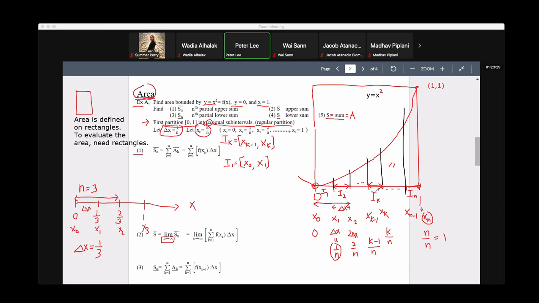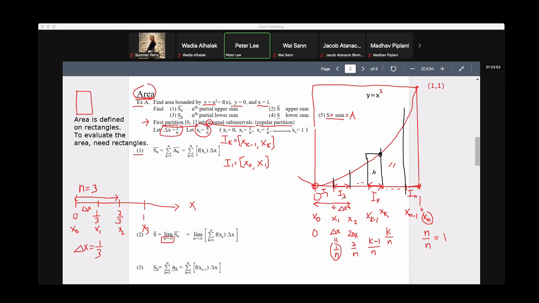If you look at the k-th rectangle, our goal is to find this area, but with this curved boundary here, we cannot get the area exactly. So we'll find the area of the taller rectangle, which is this, at this point here, because this is the highest point. So we create a rectangle like this and take that area.